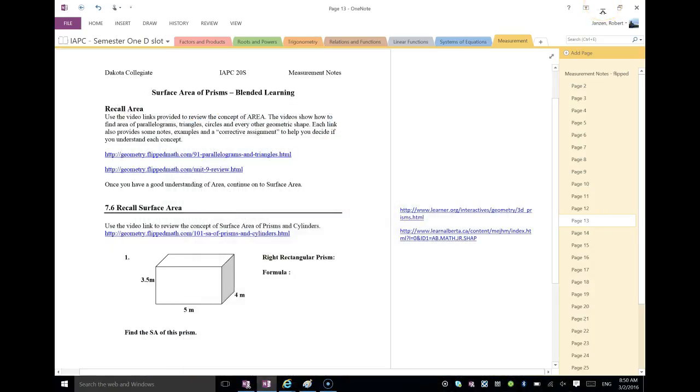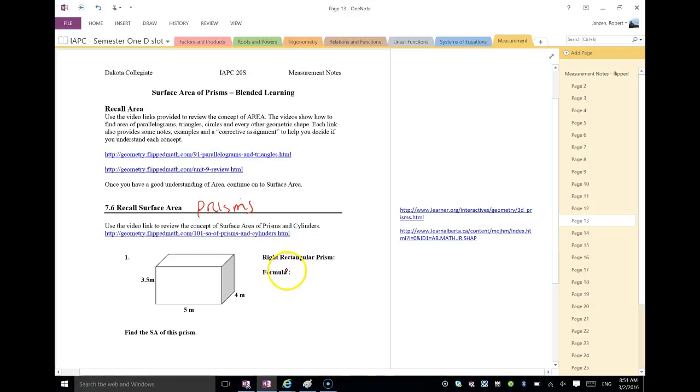Okay, so let's recall a little bit of surface area. In grade 9, you spent quite a bit of time finding the surface area of prisms. What are prisms? Well, prisms are 3-dimensional shapes, and there are lots of different shapes.